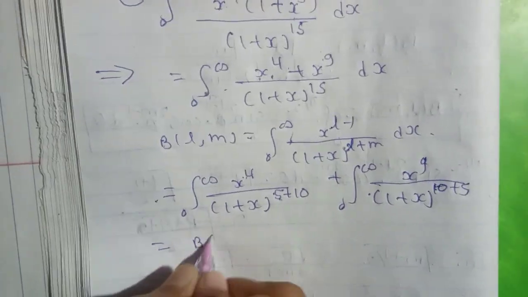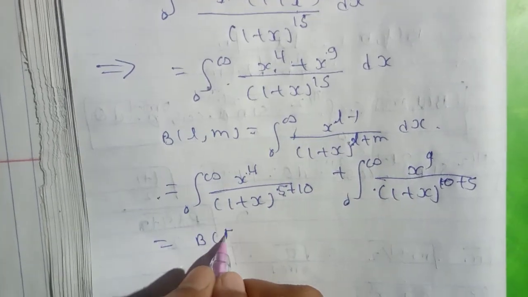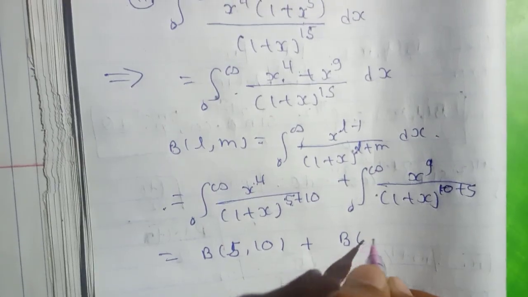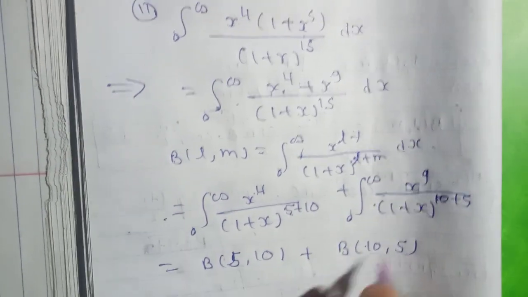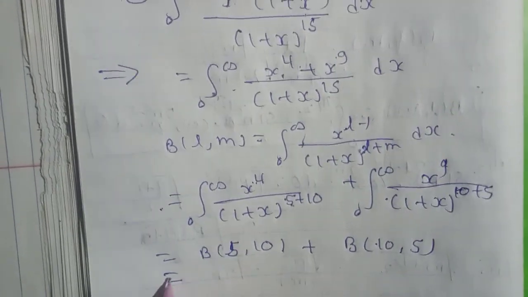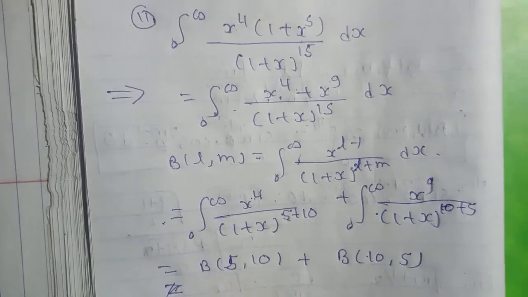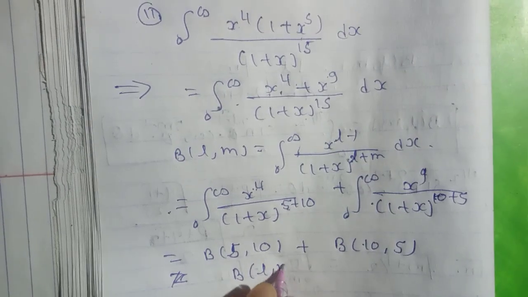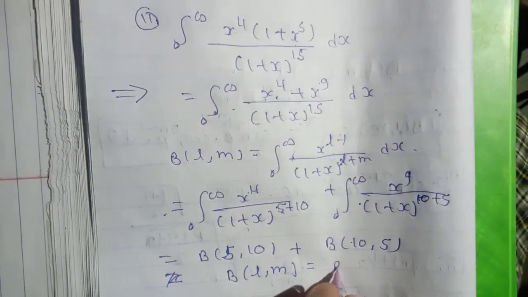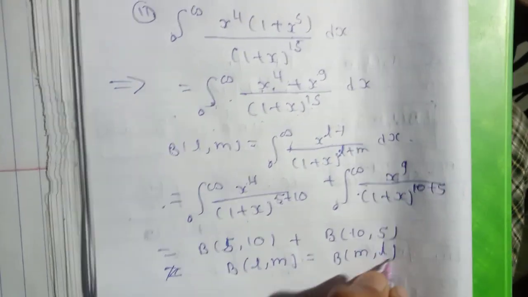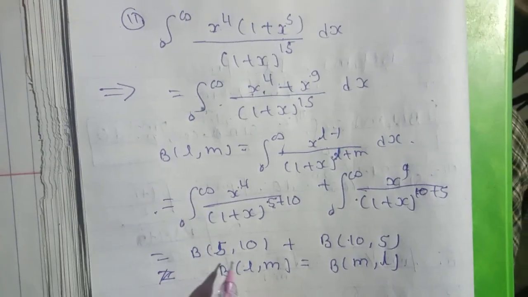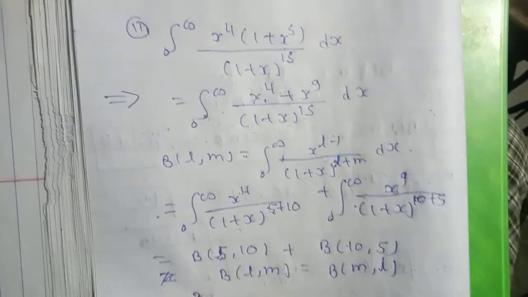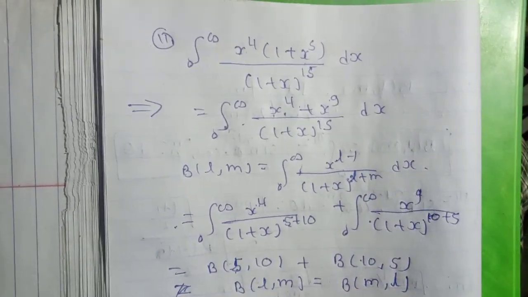So these are beta of 5 and 10 plus beta of 10 and 5. We know the elementary property of beta function, that beta of L and M is equal to beta of M and L. So these values are equal, so 1 plus 1 is 2.